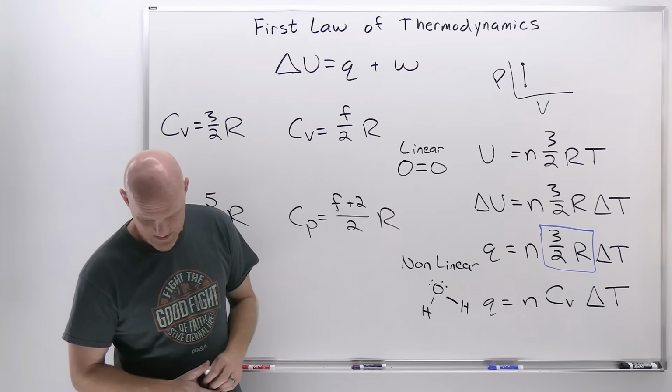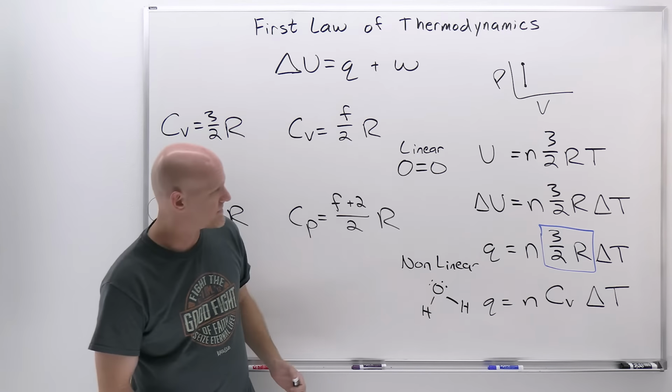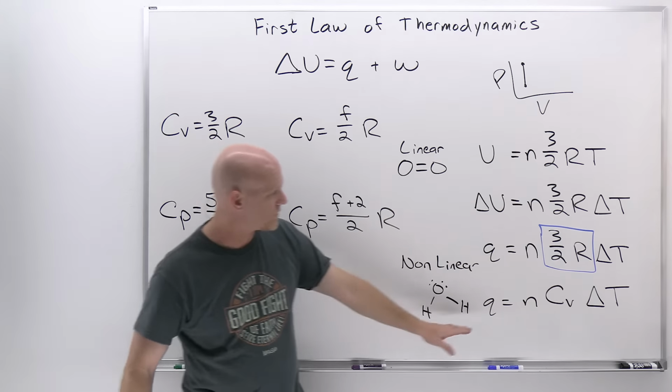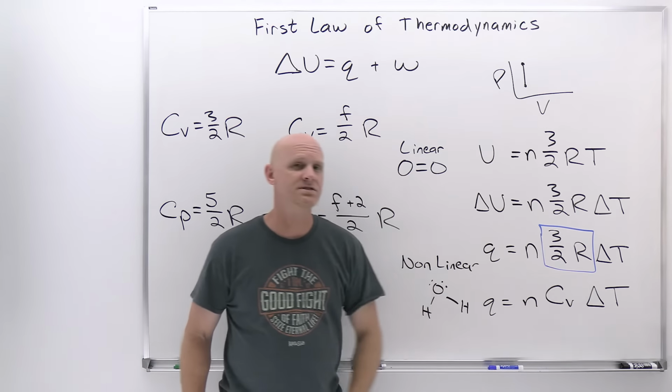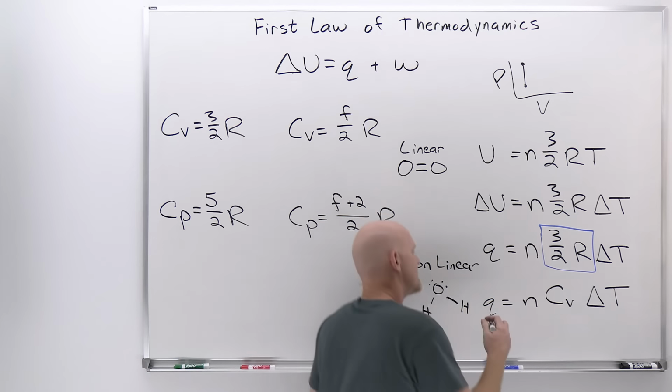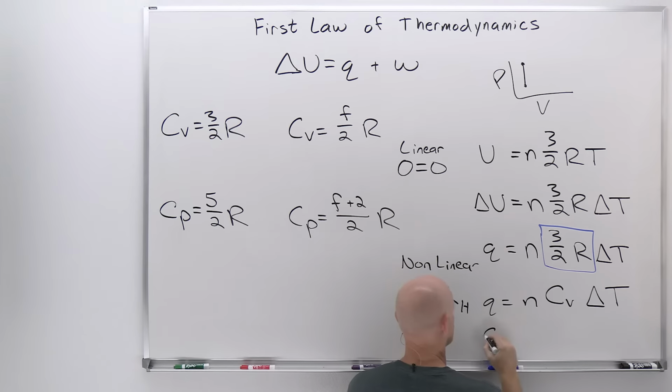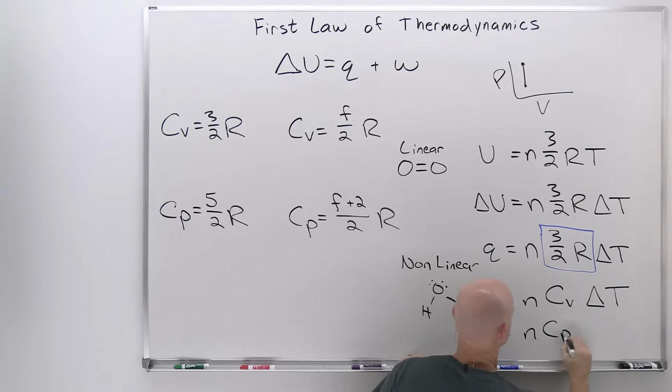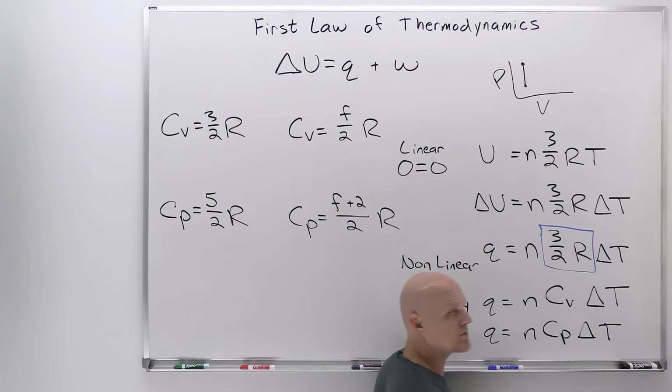All right, let's take this a little bit further. One more thing to note. We've now got a way to calculate Q under conditions of constant volume, and we've got an analogous way to calculate Q under constant pressure.